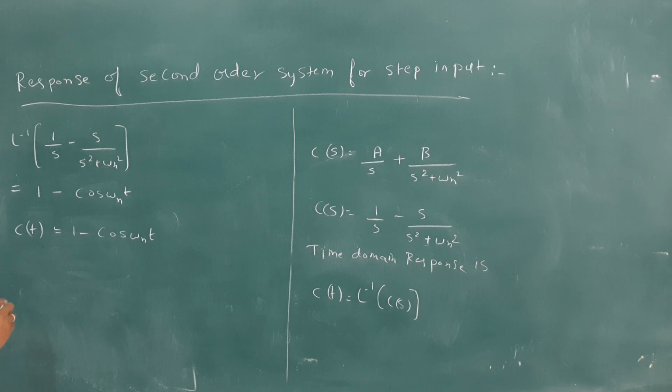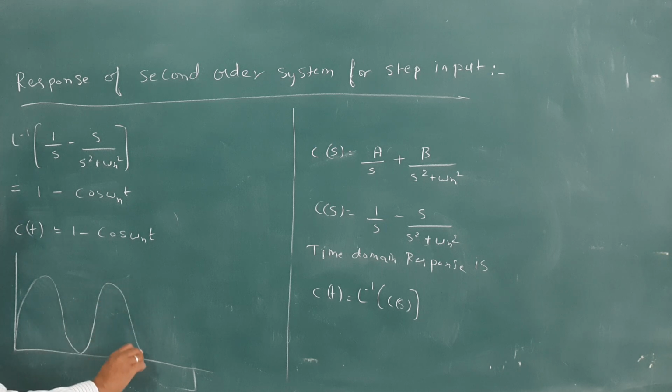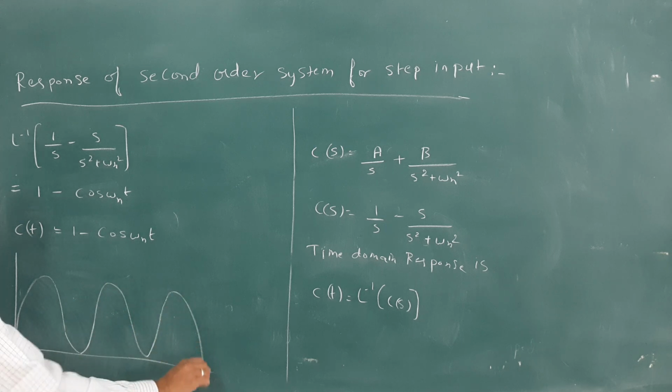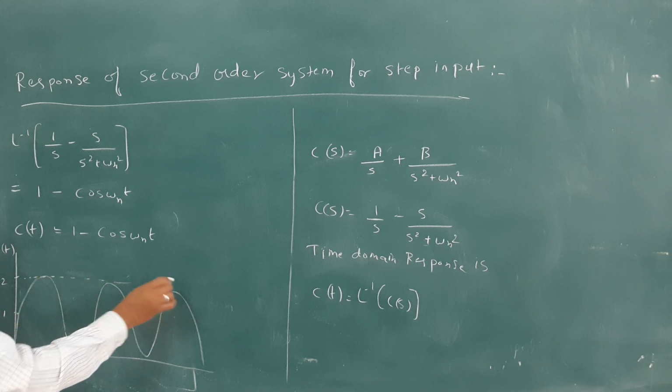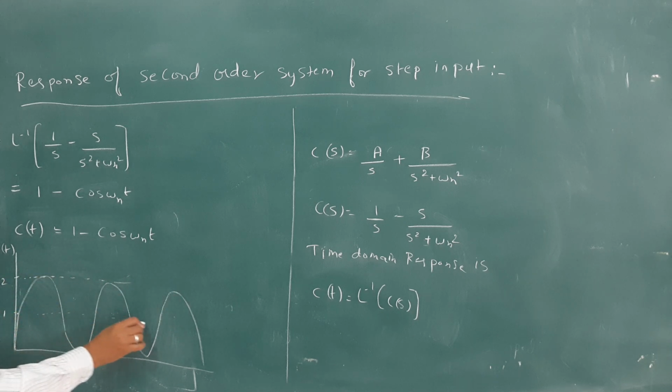If you draw the graph for it, you will see that it is a cosine form, and also an oscillatory form. This is the oscillatory form, and if you substitute the values here for this 1 and 2, you will get this type of waveform, and this is time t.